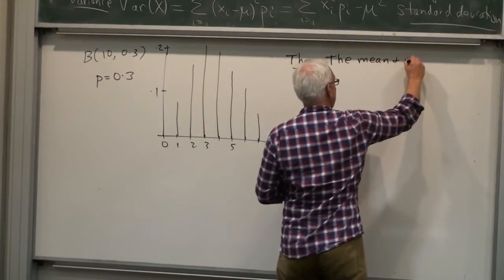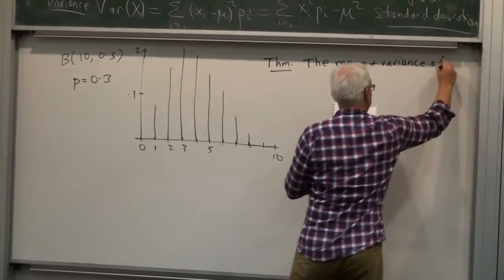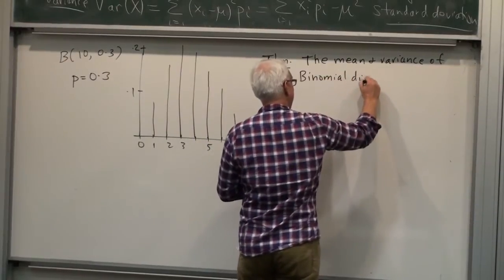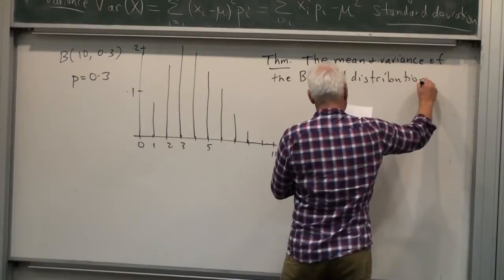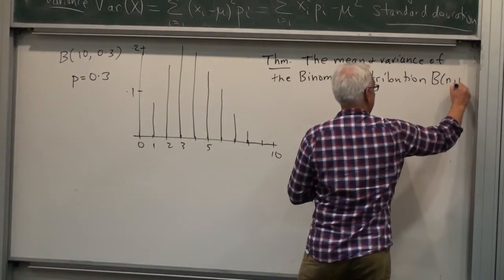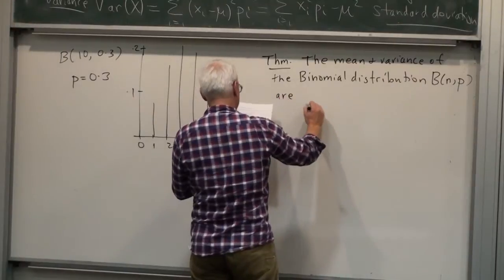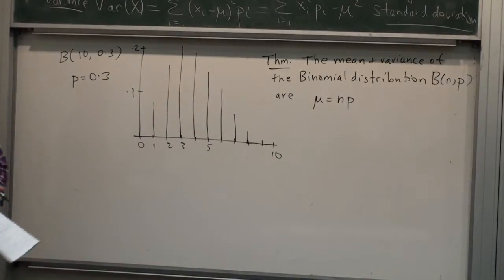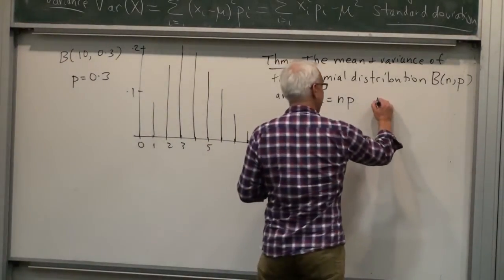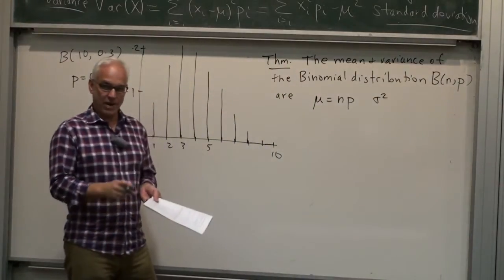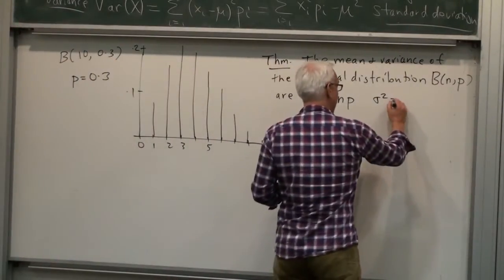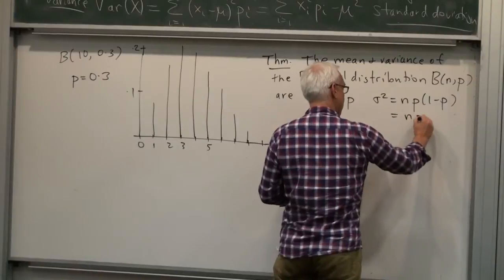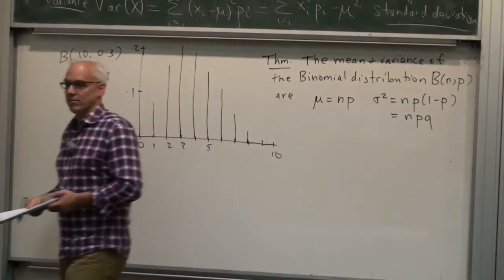The mean and variance of the binomial distribution B(n, p) are, the mean is n times p, and the variance, usually or often denoted by sigma squared, is n times p times 1 minus p, or in terms of n and p and q, n times p times q.